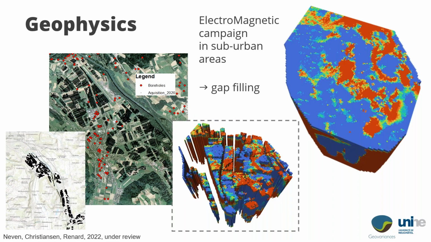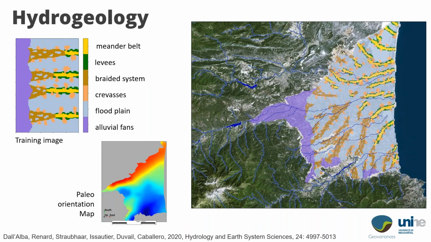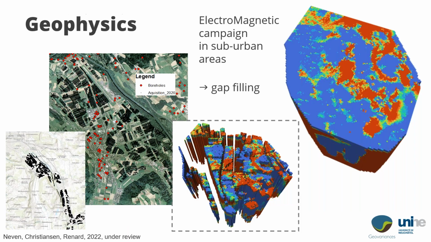So the first example that I want to show you is one that we recently did, in Switzerland. It's a case close to the city of Bern. You have this little map on the left side. The city of Bern is located here, and southeast of Bern there is an alluvial aquifer that is rather densely populated. It's kind of suburb area.